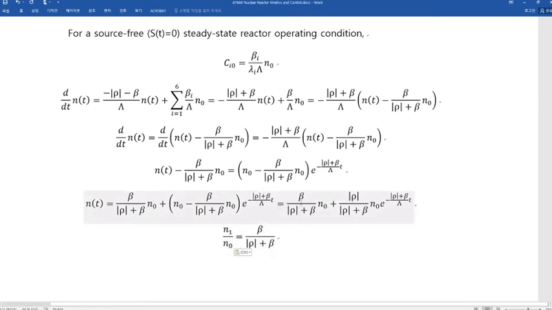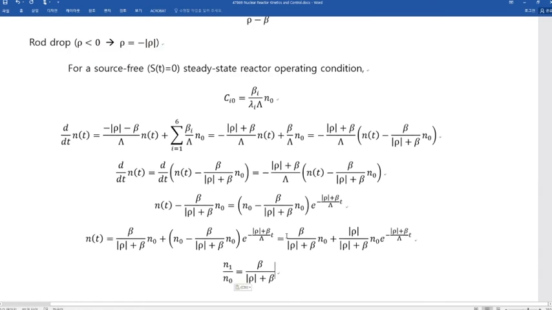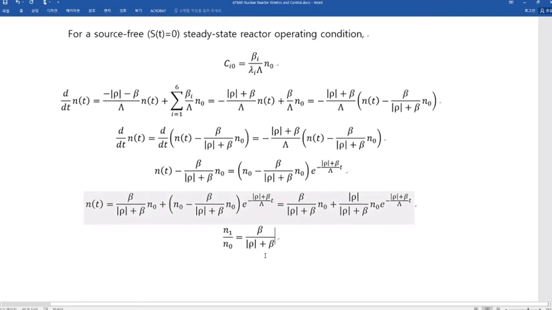Yes, this is the case of a rod drop, when the reactivity is negative.